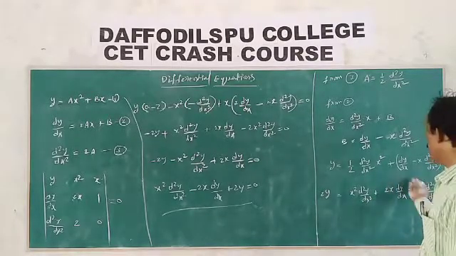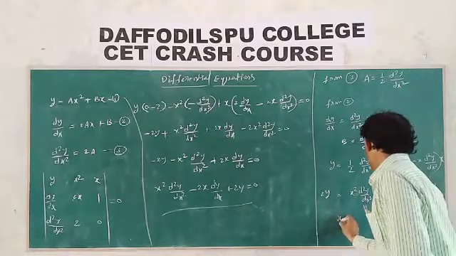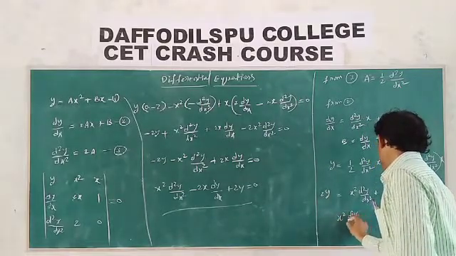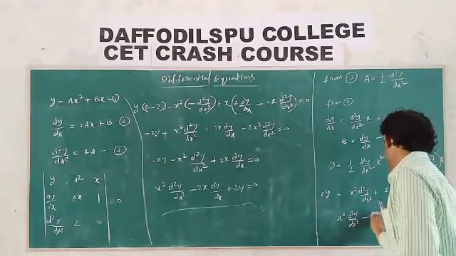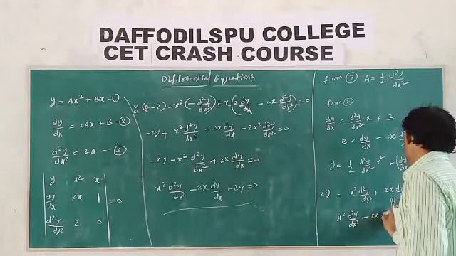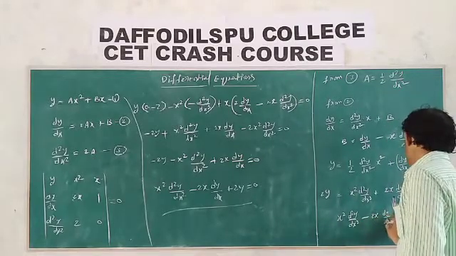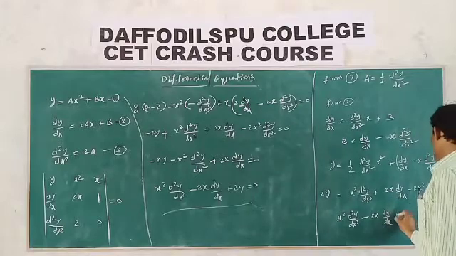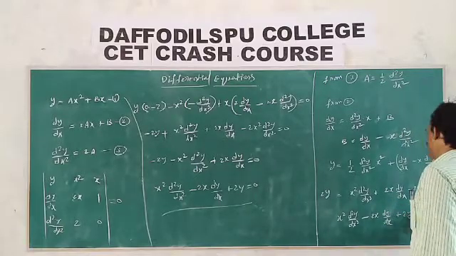So that is minus, and shift this side. This value is equal to x square d square y by dx square minus 2x dy by dx plus 2y is equal to 0.